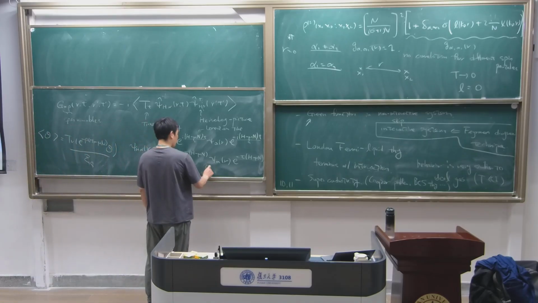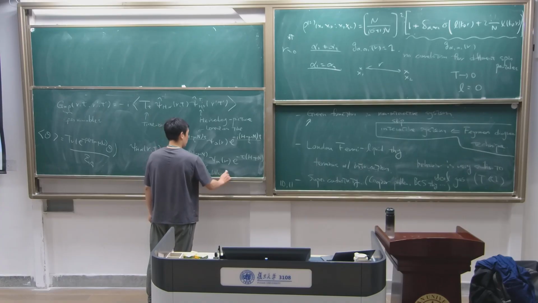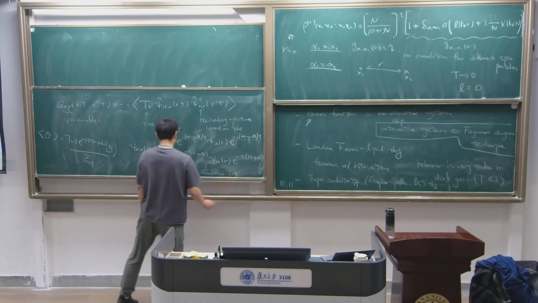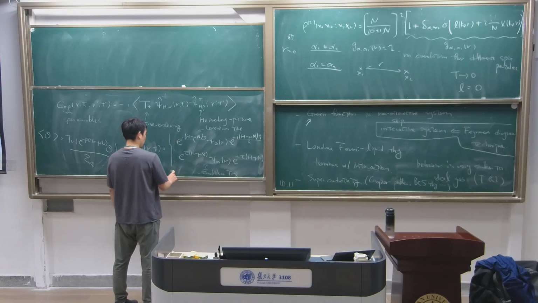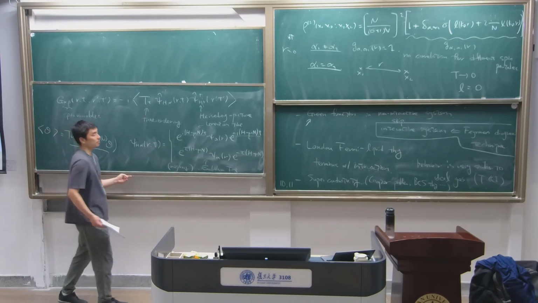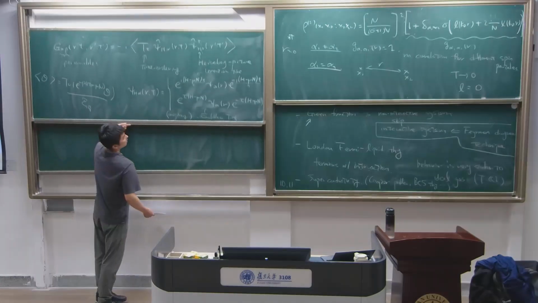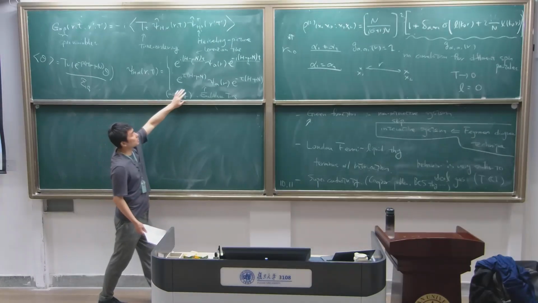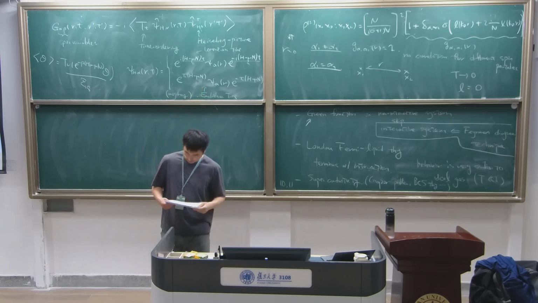So the bottom one is Euclidean time, or imaginary time. What's relevant in statistical mechanics is the bottom one.